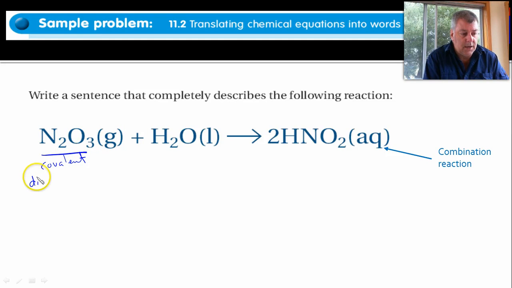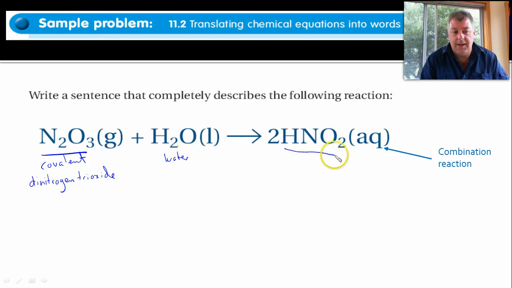So we would say dinitrogen, the di tells us the 2, trioxide. And you wouldn't be expected to know that now, but you will be once we've done covalence. And that's, of course, water.